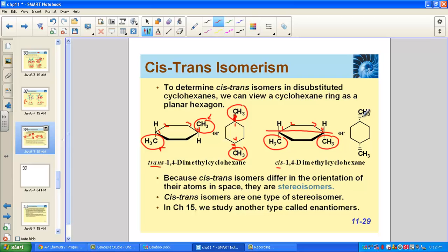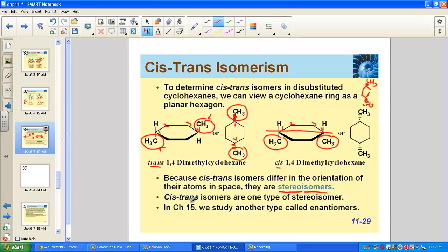To show the cis, we show either both dashed lines, or it could also be represented with 2 solid wedges, just so that we know they're the same. Both could be on top or both could be on bottom, but they need to be the same. So 2 solid wedges would show cis, or 2 dashed wedges show that they're being hidden from view, but a cis conformation. Because cis and trans isomers truly are different in orientation, they're called stereoisomers.